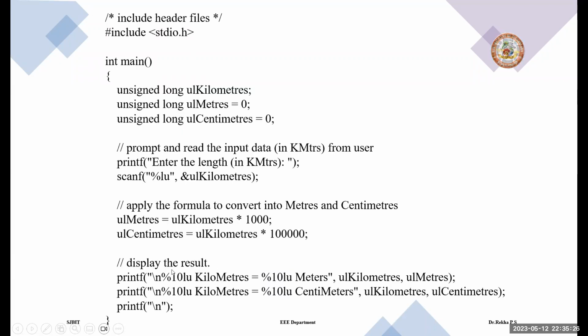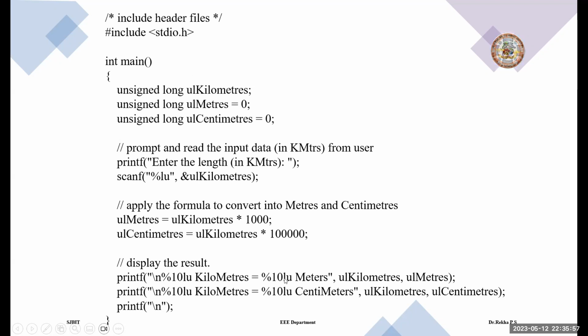Now you are supposed to display the result. First, I'll give the information to the user saying this is the value of kilometers and meters you entered. That's why I'm printing those. This is optional; if you want, you can print it. Then I'm printing here your kilometers and centimeters.